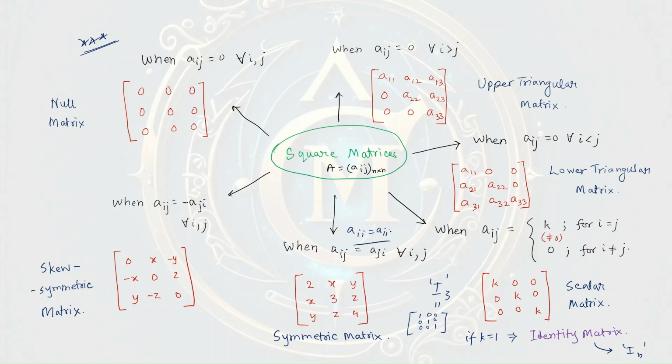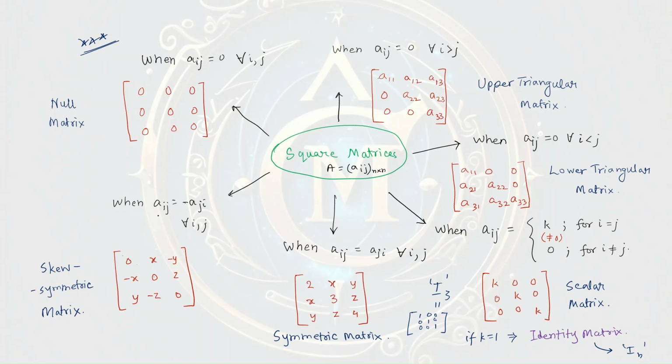That means the diagonal elements will not be affected, and you can see that these diagonal elements are nothing special. But take these two elements, this is element A12 and this is element A21. So A12 and A21 must be the same. In this case, both are equal to x. So we call this matrix a symmetric matrix.